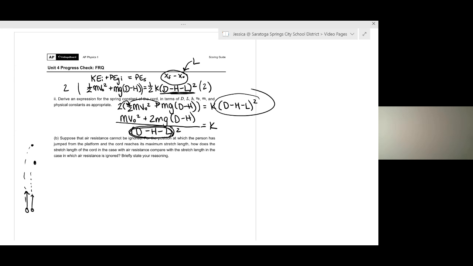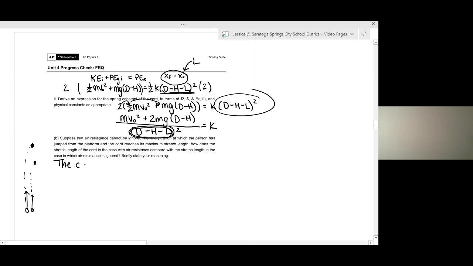So similarly to the ball being thrown straight upwards going less high, this cord or spring is going to stretch less far, okay? So sometimes switching around the problem and thinking about it in a different way helps me, okay?